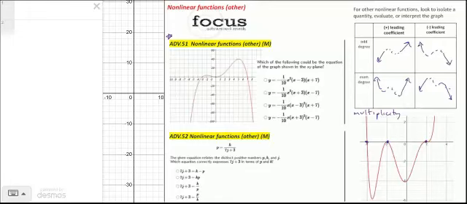If it passes straight through, so notice on this one, it's just passing straight through. It's not curving and it's not bouncing off of that. This means there's a multiplicity of 1. So the factor of x minus a negative 4, so again, the factor that corresponds to that 0 at negative 4 is x plus 4. And the multiplicity of 1 means that the degree or the power of that factor is a 1.